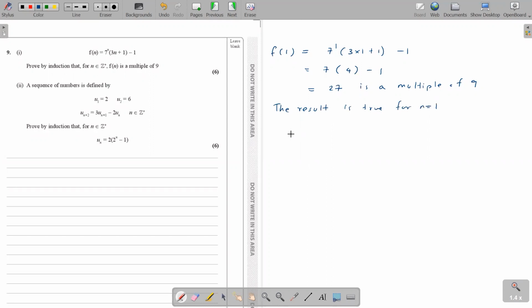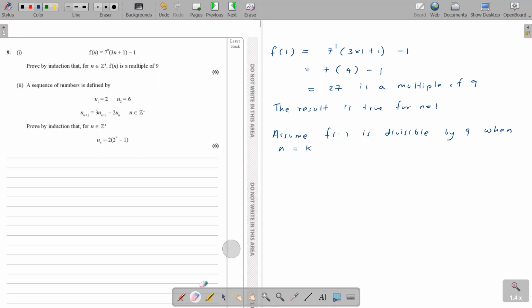Then what do we do? In the next step we assume, right? Assume Fn is divisible by 9. When n equals k, assume Fk is divisible by 9.